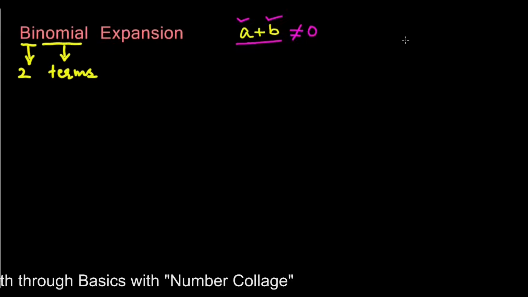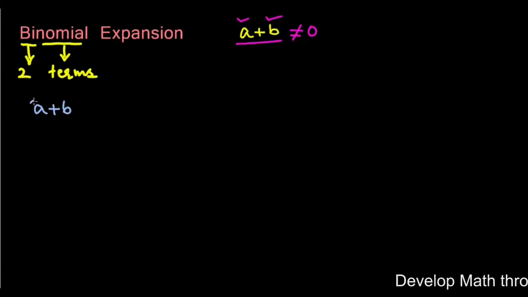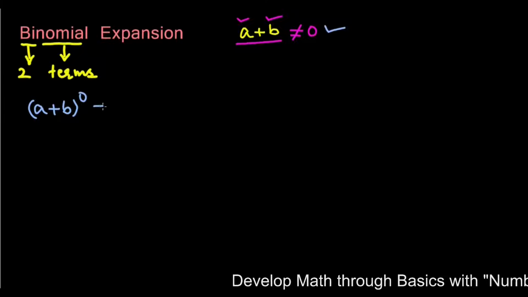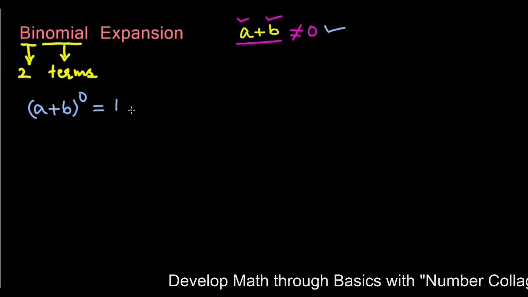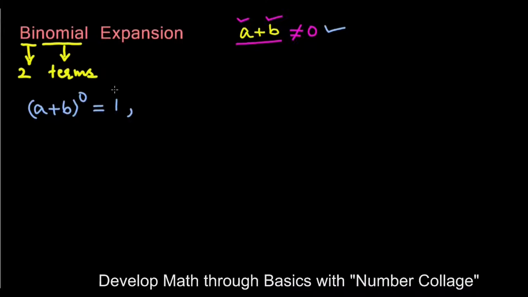For its expansion to happen, we have to give this binomial expression a power. So let us start by power 0. When a plus b is not equal to 0, then a plus b raised to 0 is 1, which is a well-known fact. So its expansion is just 1.